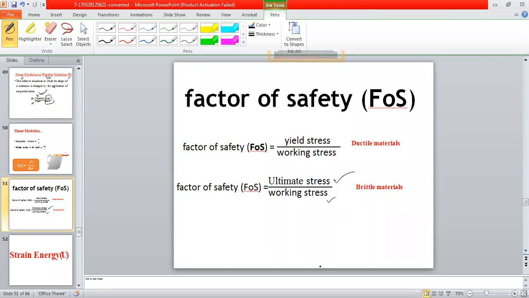We have done the tensile test for a component, and we have drawn the stress versus strain graph. Strain in x-axis, stress in y-axis.